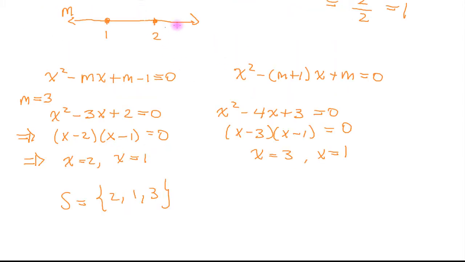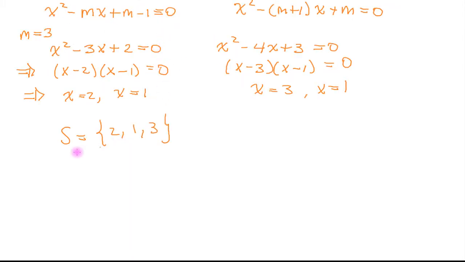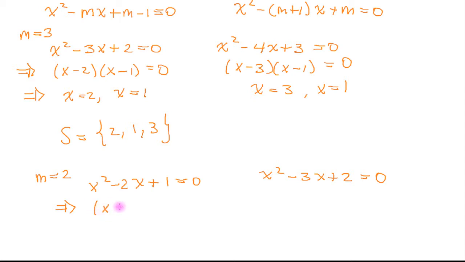Okay? Now let's check for values equal to 2. M equal to 2. So for m equal to 2, we have x squared minus 2x plus 1 equal to 0, and x squared minus 3x plus 2 equal to 0. And this factorizes as x minus 1 squared equal to 0.